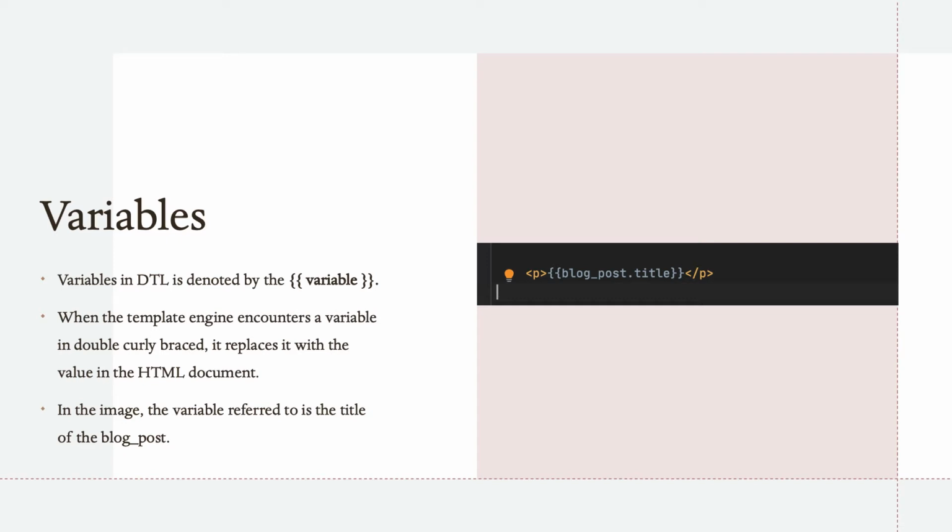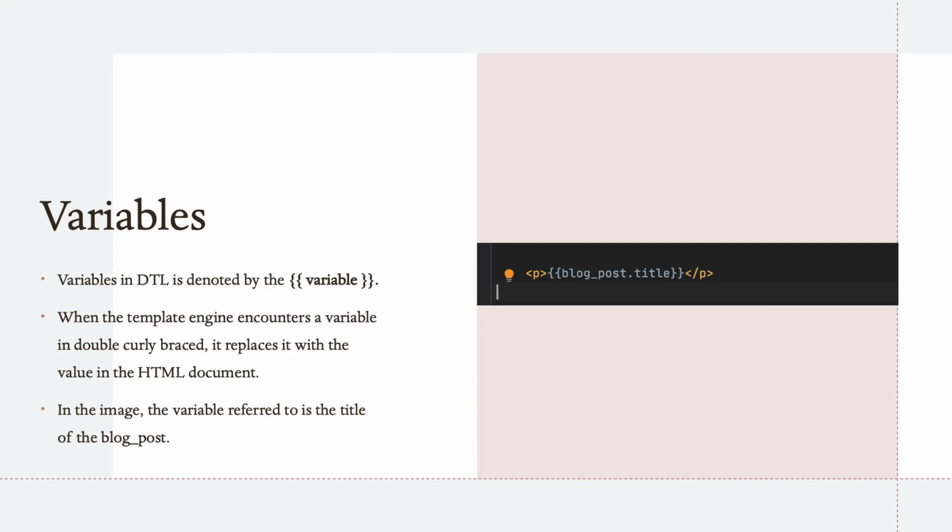It could search, okay, this title, is it a key in a dictionary? Is it an index? If it were numeric, it would say, is this an index in a list? Is this an attribute in a class? Is this a function? Is this a method? Things like that. We're not going to bother our head about that, but you'll see it in action when we do get to use the template syntax much more. So that's it for variables.